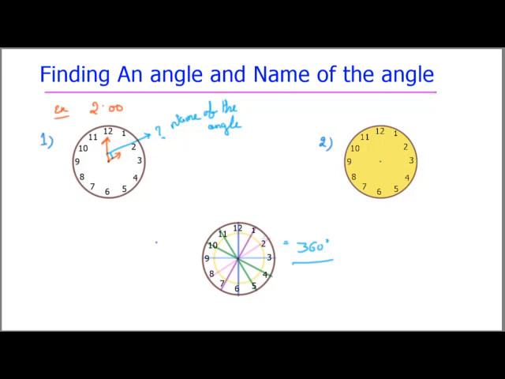Now we have to divide the clock into 12 parts. How many parts? 12 parts: 1, 2, 3, 4, 5, 6, 7, 8, 9, 10, 11, 12. Divide these 360 degrees by 12. Then we get 30 degrees for one part.